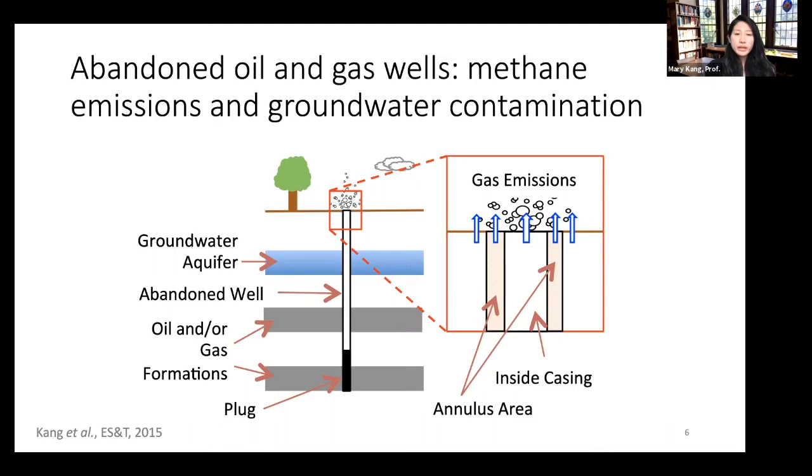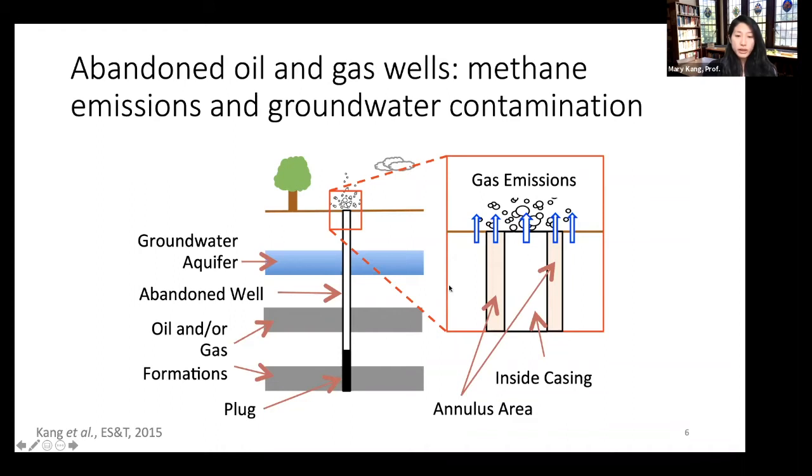What I'm showing here is a schematic of what you would see if you take a slice through the earth in sedimentary basins, where you would typically find oil and gas. You would see layers of rock with different properties and containing different types of fluids.